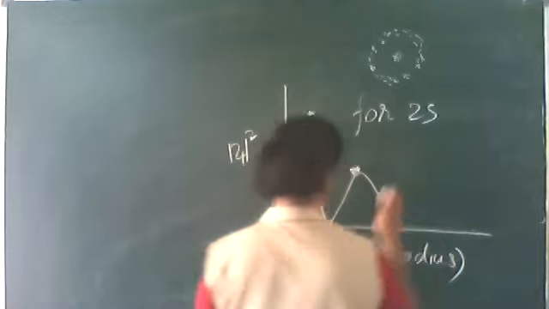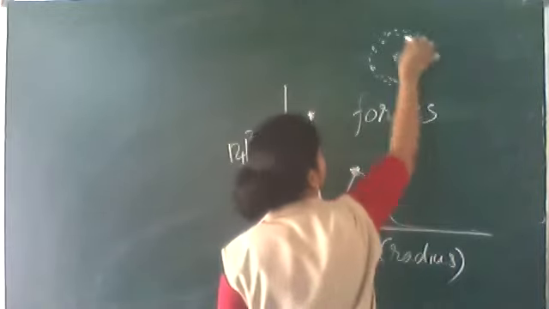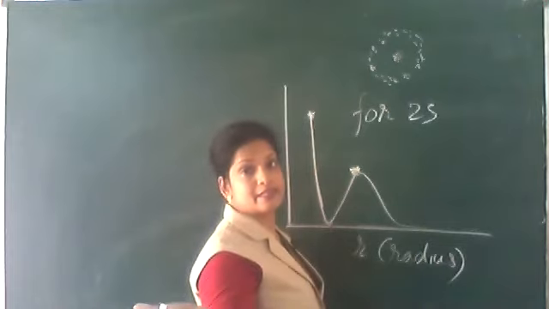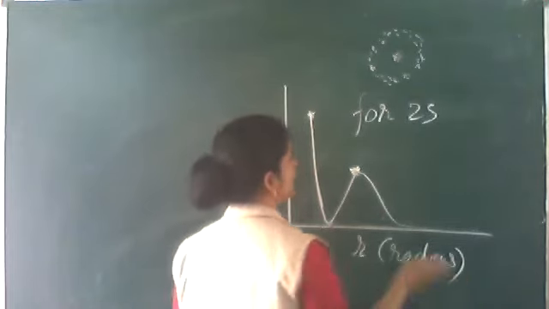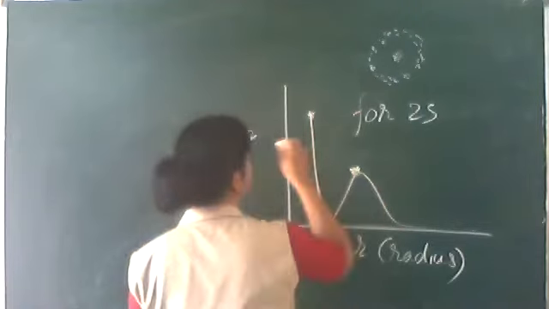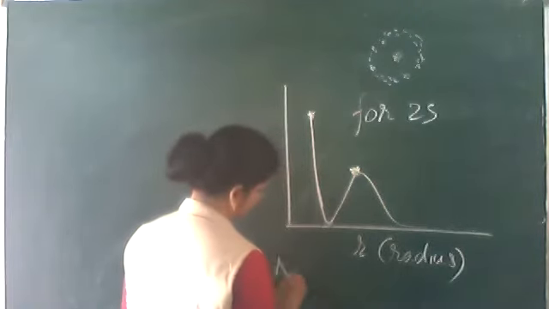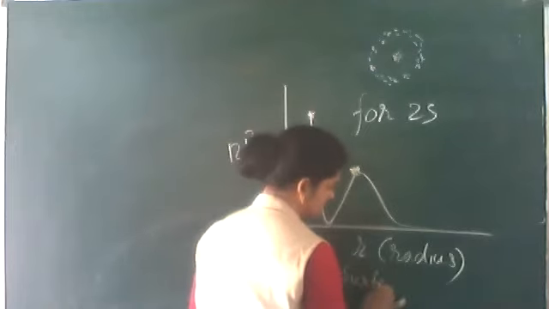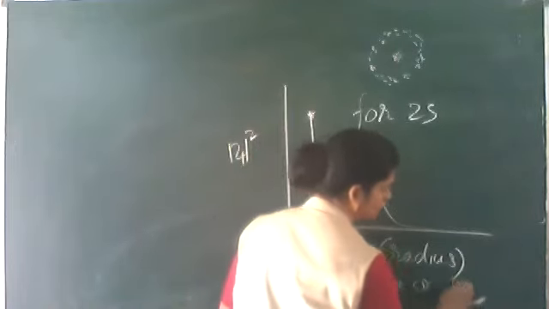This area in between, where the probability of finding an electron is 0, is a nodal surface. So write down nodal surface or nodes.